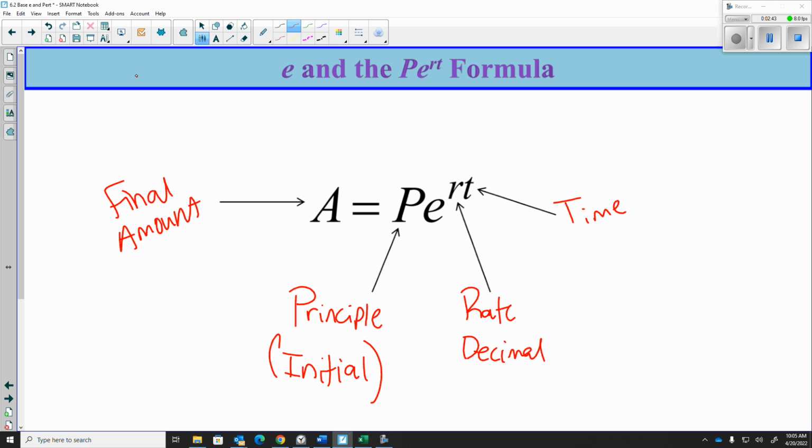There's another one that you talked about a lot more in geometry: pi. I and pi are in the VIP Baller Numbers Club. There is another number that's in the club, and it is this number E.